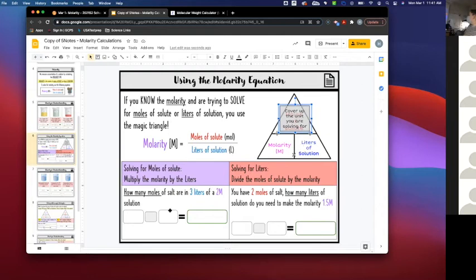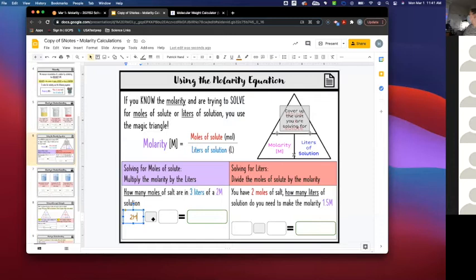So here, we're going to do the molarity first. So it says how many moles of salt are in 3 liters of a 2 molar solution? So first one, 2 capital M. Okay, should be typing it as I'm typing. 2 capital M. And then our little triangle tells us that we're going to be multiplying.